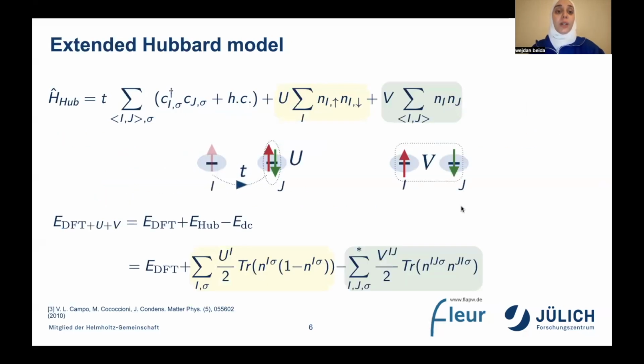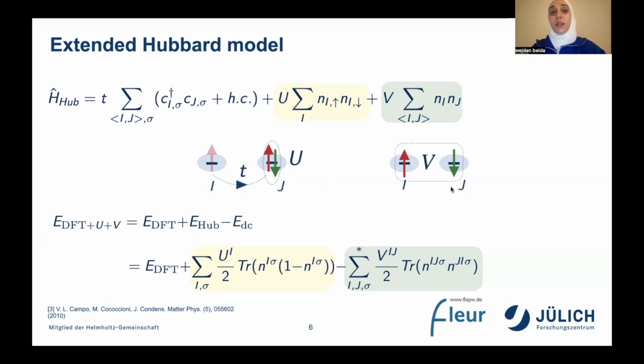So now our extended Hubbard model has three terms. The first is the hopping of an electron from one site to another. Then we have the Coulomb repulsion of having two electrons at the same site. Also, we include the interaction between two electrons on two different sites.